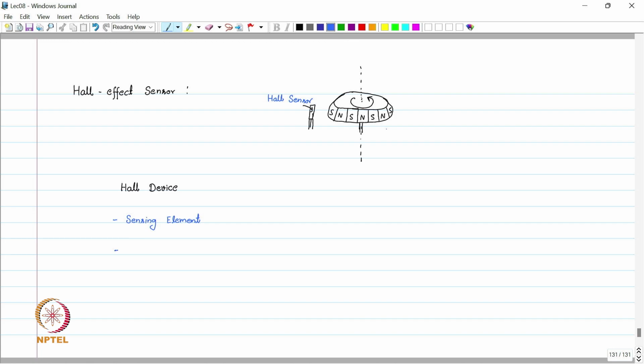And this converts the periodically applied magnetic field into voltage.